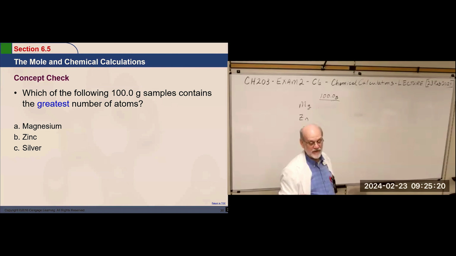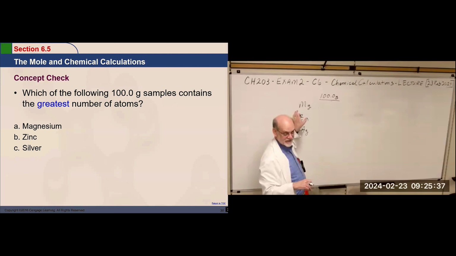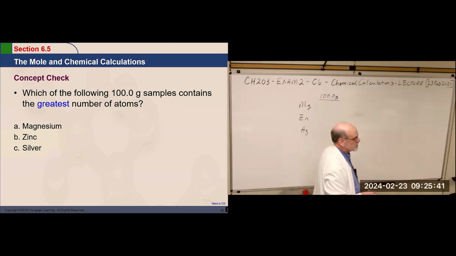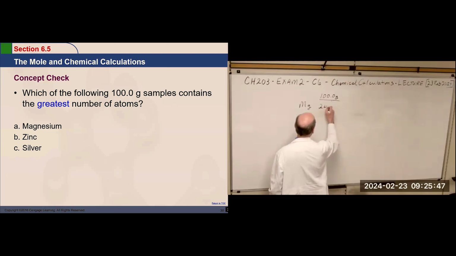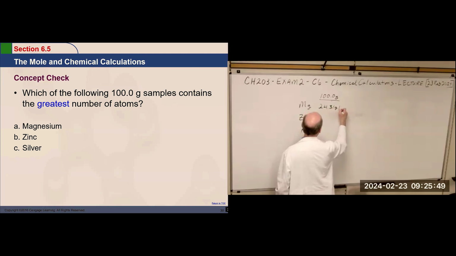They're all the same mass, but each atom has a different mass. Which one's going to give you more atoms? The lightest one, because it takes more of them to make 100 grams. That's all we have to do, just check out our values. Let's say 24.31 grams per mole for magnesium.